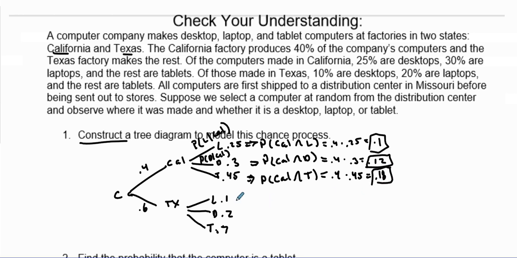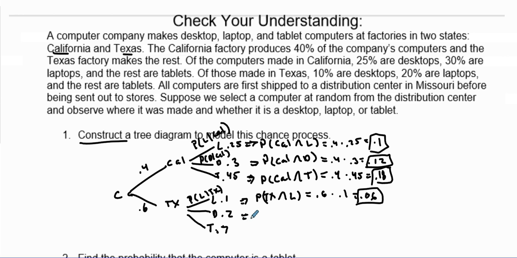Now we can go down here and ask, what's the probability of being from Texas and being a laptop? Going through the same thing, this is the probability of being a laptop given that it was made in Texas. And everything's made bigger in Texas, right? So we take 0.6 times 0.1, and we get 0.06.